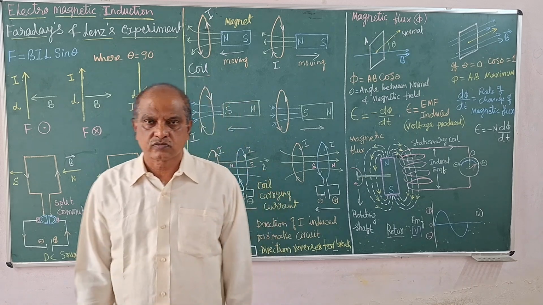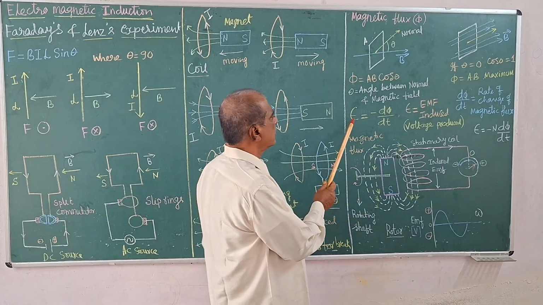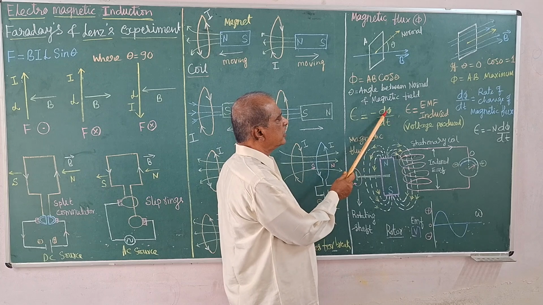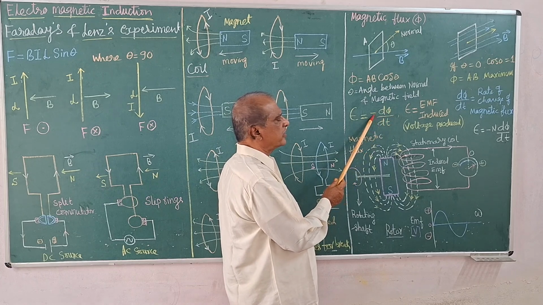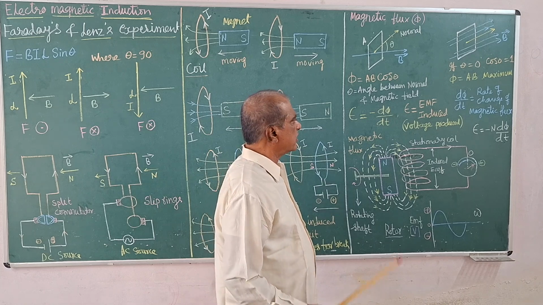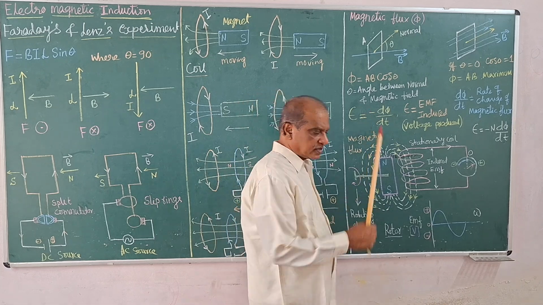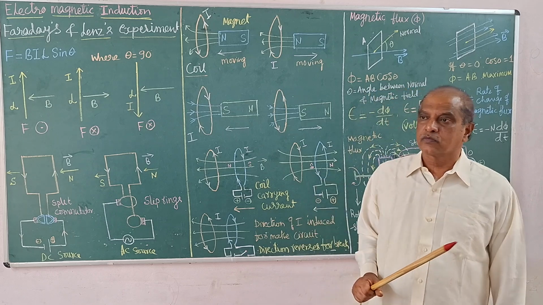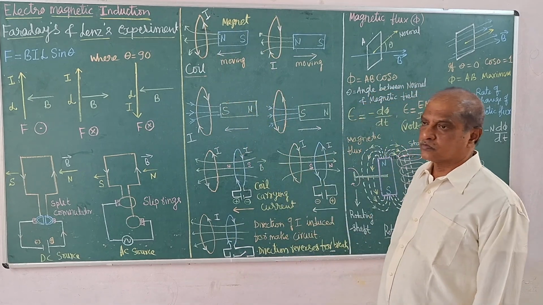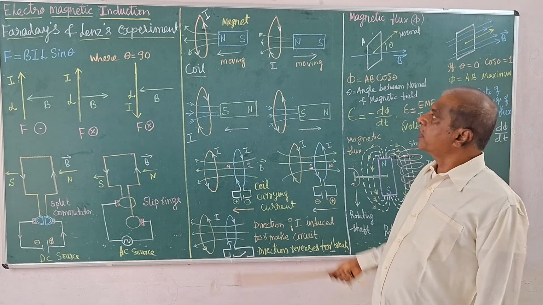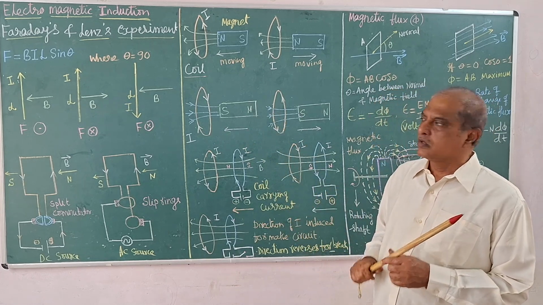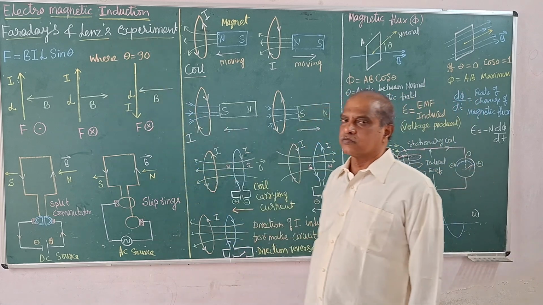It says that in the equation epsilon is equal to minus d phi by dt, what does minus indicate? The sign is always minus. It indicates the direction of the voltage induced or the direction of the current induced in the circuit. If the current is induced, what would be the direction of the current in the circuit? That is called Lenz's law.